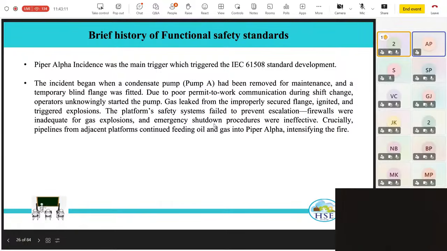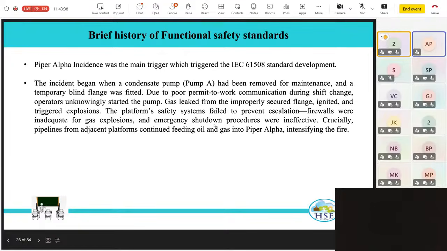Between the living accommodations and the control room, earlier when it was only an oil platform, there was a firewall. Since they converted it into an oil and gas platform, they should have installed an explosion protection wall, which is done by a different standard. Its total design is quite different. They forgot to do that.